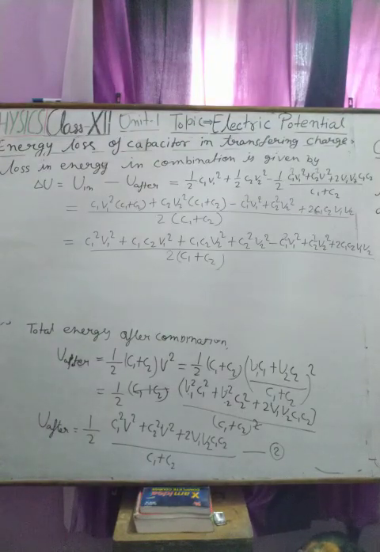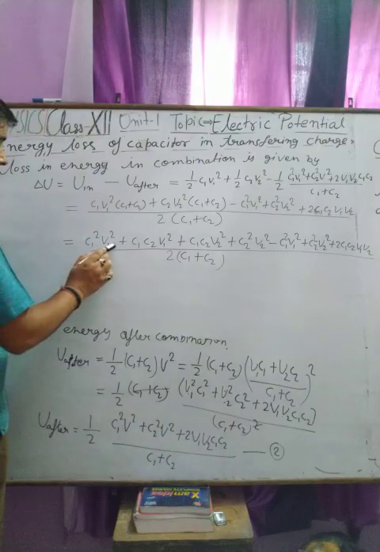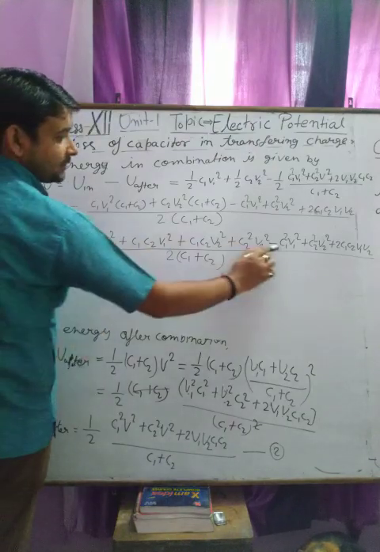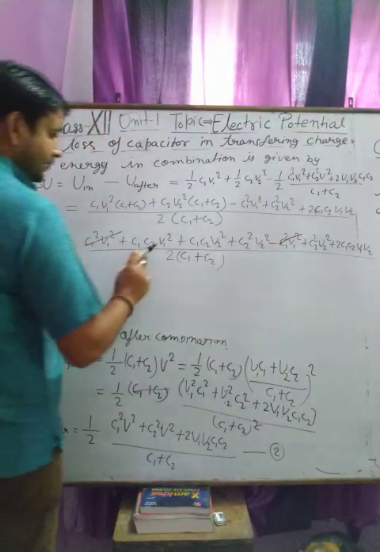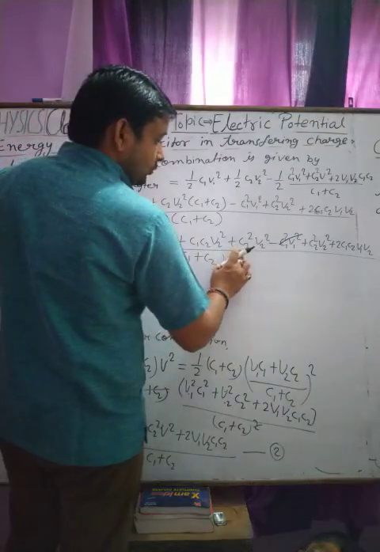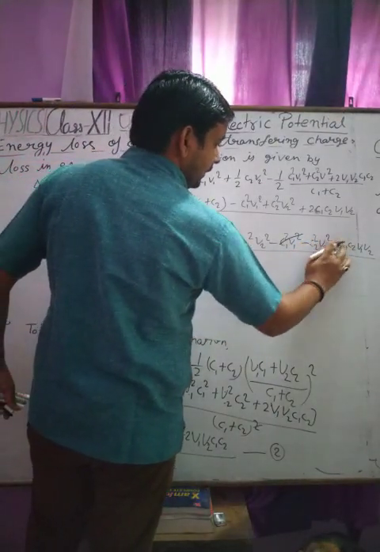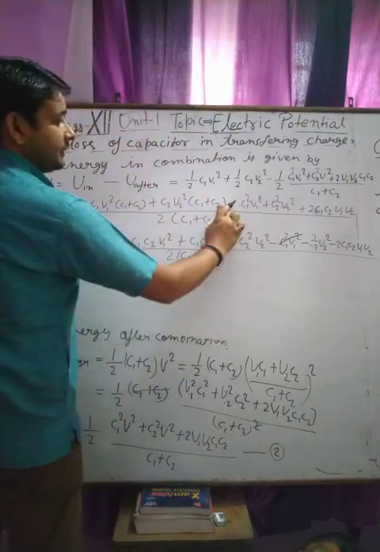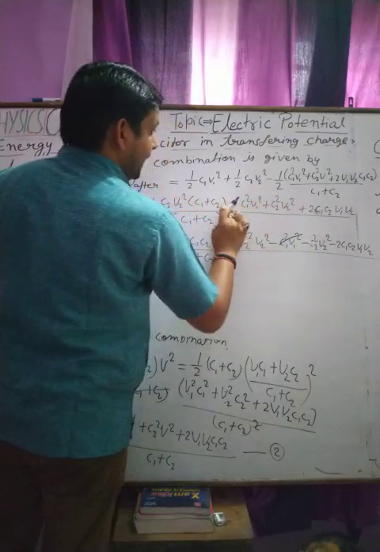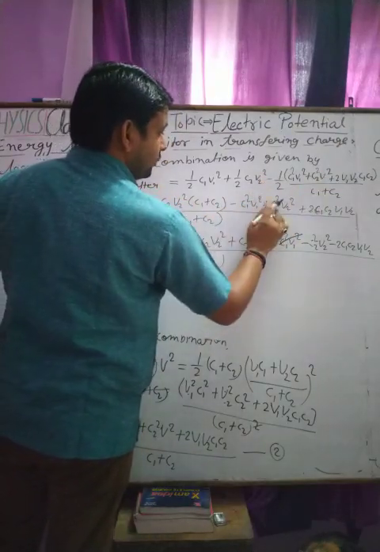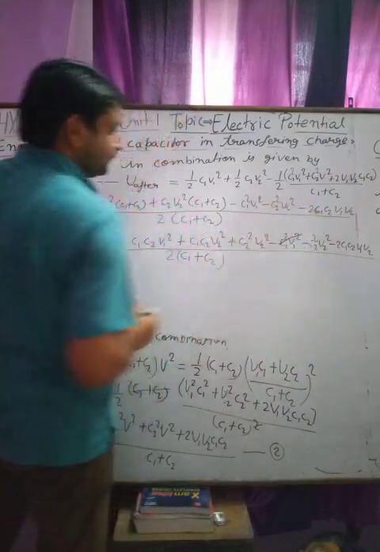Okay, student. Now here C1 square V1 square positive and C1 square V1 square negative is cancelled. Similarly, C2 square V2 square positive and here it is negative. It is also negative because this minus sign multiplies inside, so all these terms become negative.